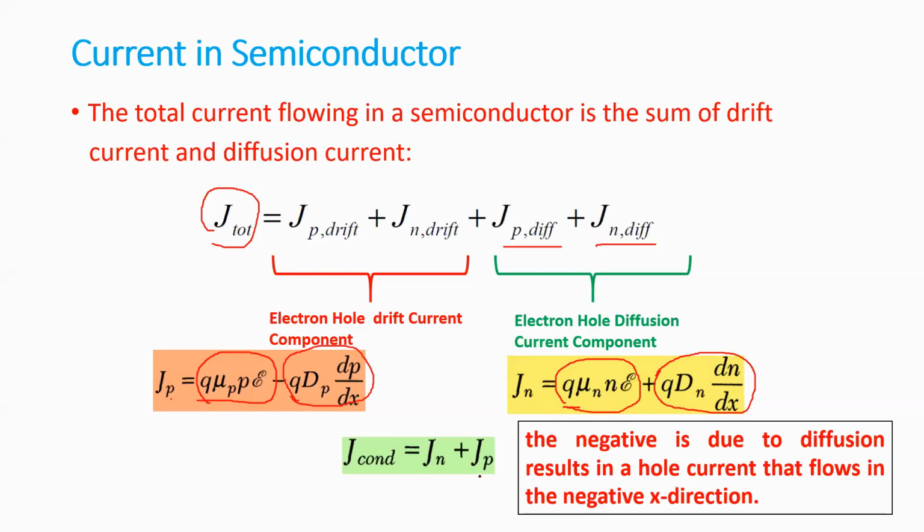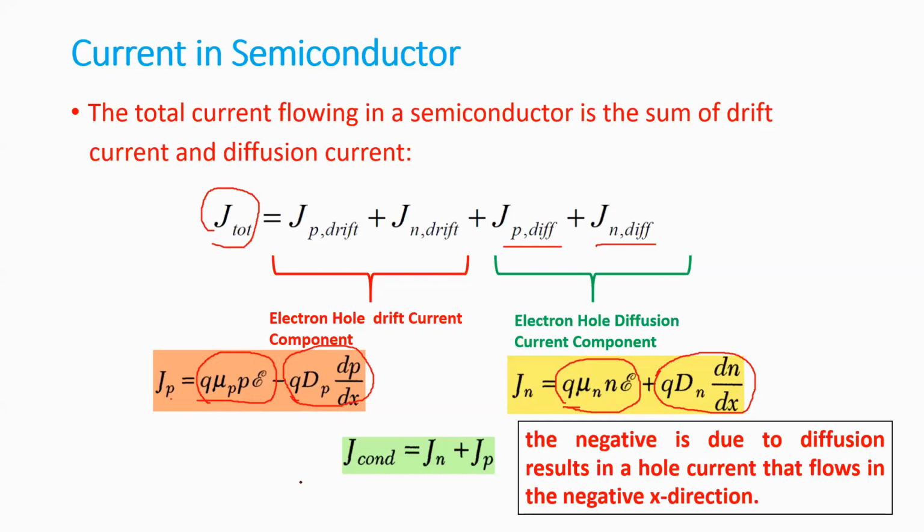So when you talk about current in a semiconductor, two factors are involved. What is the first factor? There is drift. What is the second factor? There is diffusion. Then drift and diffusion each comprise two components. One is due to holes, another is due to electrons.